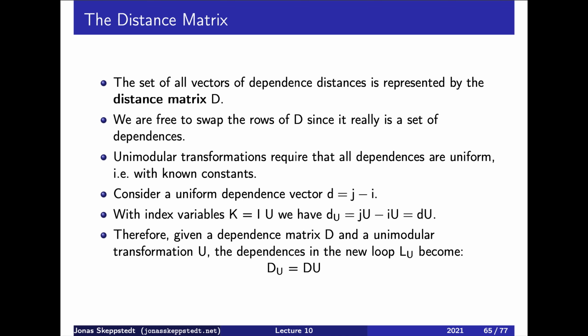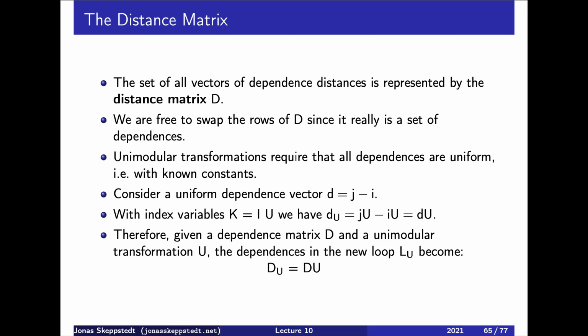Now, all the distances that come from the solutions to the dependencies are, as I mentioned, a set, but we express them as a matrix. And now the question is, what do these dependencies look like when we have used the transformation matrix?